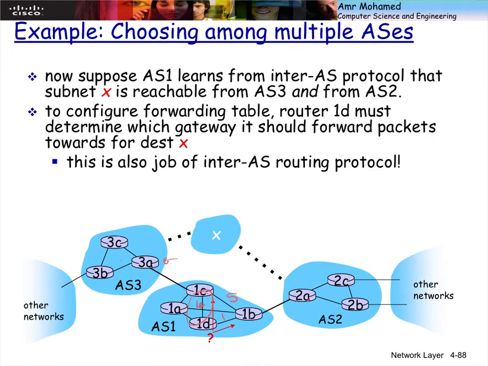In that case, you may resort to the other level of calculating shortest path, which is, should I go to 1C or should I go to 1B? So you may actually use the shortest path algorithm internally and say, okay, I can go through 1B because 1B is the shortest path.